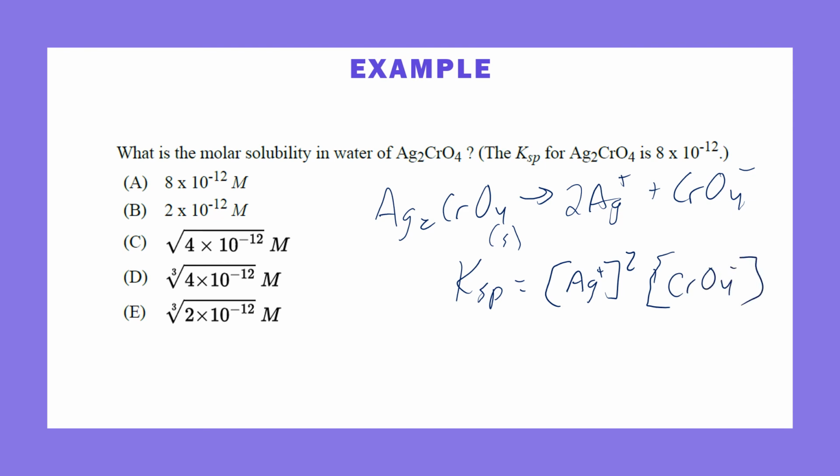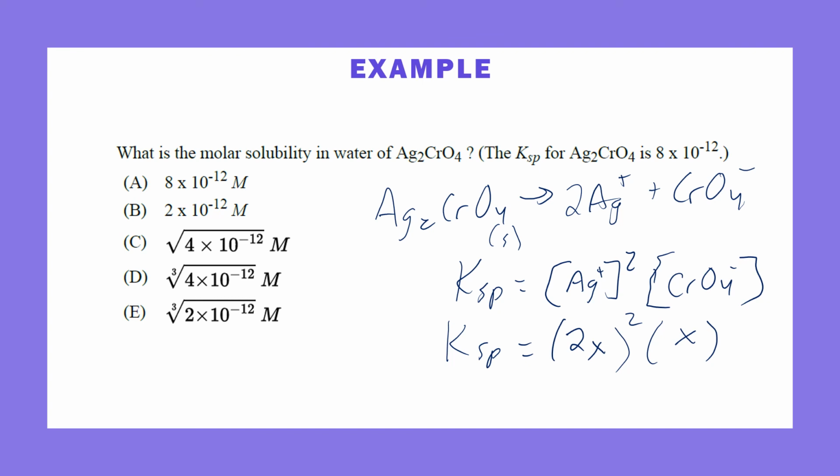So to find the molar solubility, it's essentially for one compound. And if we're looking for one of those whole compounds, when we plug this in, this dissolves in a ratio where you get 2 silver ions for every 1 chromate ion. And X will be that molar solubility, because that's the solubility for one of the whole compound.